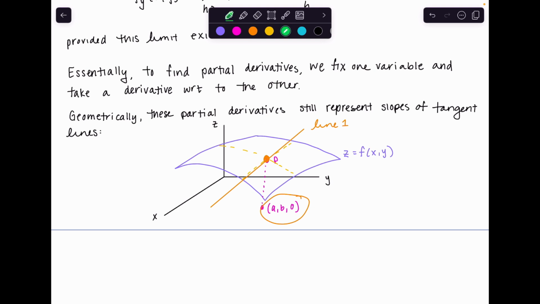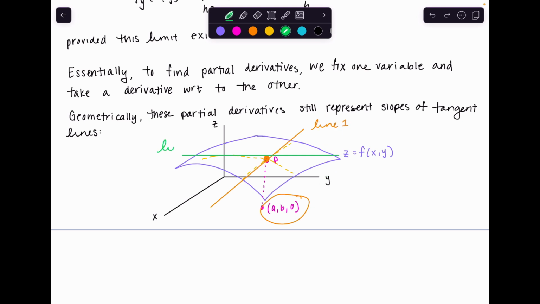And then likewise, line 2 is one that's going to run parallel to the y-axis. That was not a good picture of it, I didn't draw a great projection here, but this line would run parallel to the y-axis.